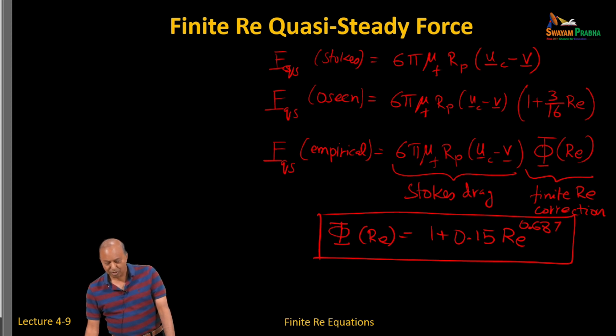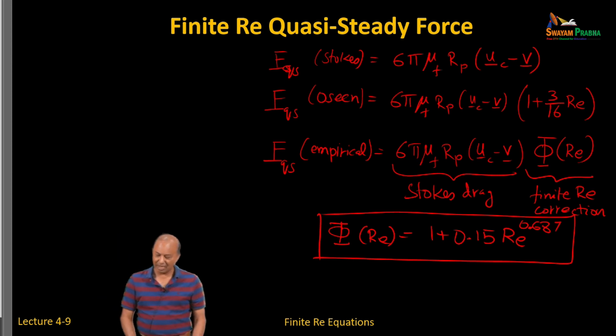So Stokes drag, the term that we have been using, is 6 pi times viscosity times radius of the particle times the relative velocity. The quasi-steady force depends on relative velocity. Now this formula is good when the Reynolds number is 0.